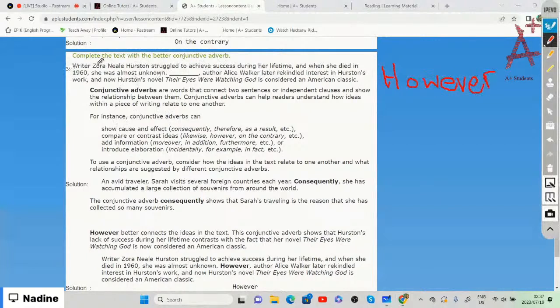So writer Zora Neale Hurston struggled to achieve success during her lifetime, and when she died in 1960, she was almost unknown. However, author Alice Walker later rekindled interest in Hurston's work, and now Hurston's novel, Their Eyes Were Watching God, is considered an American classic.